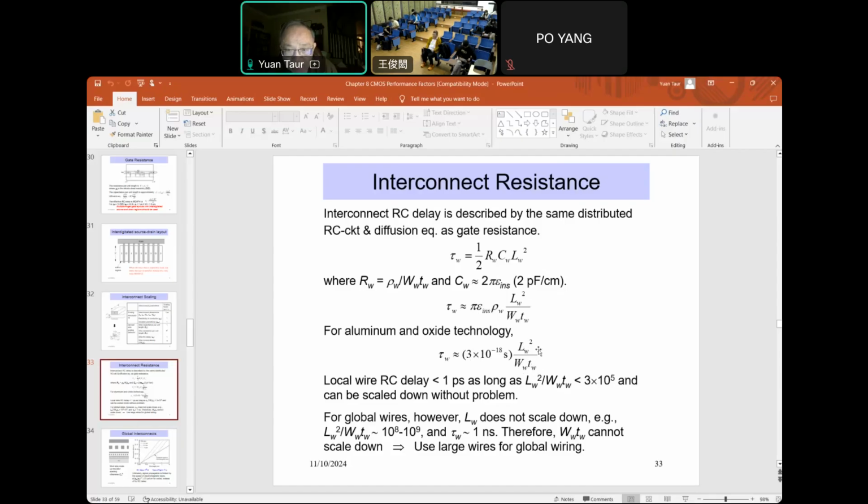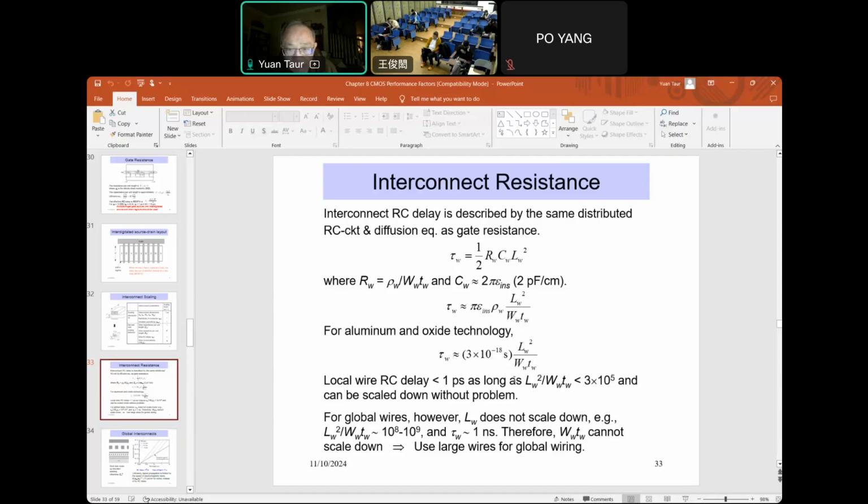And so this is dimensionless. Because the multiplier is very short, as long as you keep this geometry factor less than something like 3 times 10 to the 5, the delay due to wire resistance is less than a picosecond, which means that it's negligible compared with the device delay.